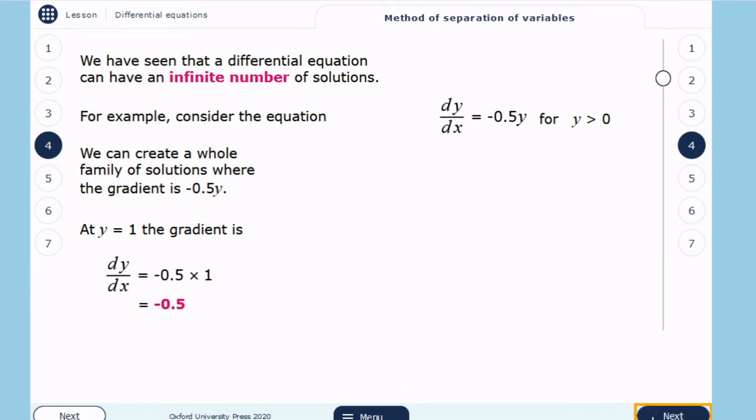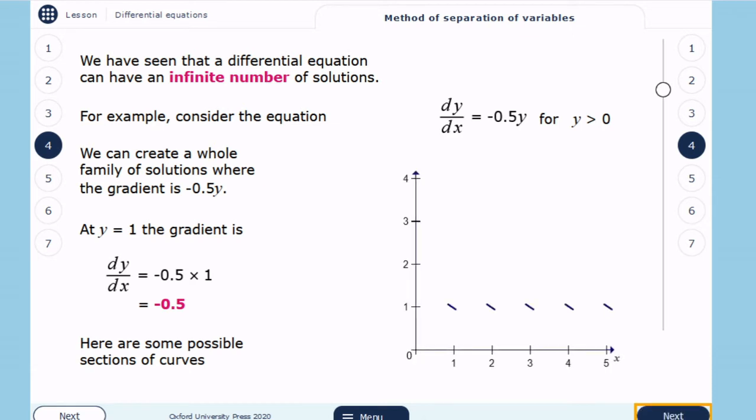So, minus 0.5. Here are some possible sections of curves. So now be careful, the derivative is minus 0.5, so basically it goes down. You see, that's the gradient of minus 0.5. For all the values of x, when y is 1, the derivative is minus 0.5, so it looks like that.